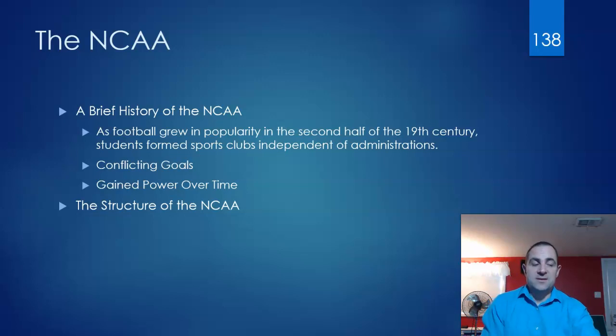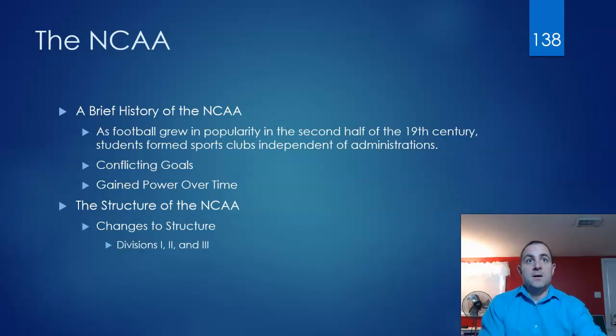So now let's look at the structure of the NCAA. Initially, there was just one NCAA, and that was all the college teams that played. There were, however, some changes to the structure. The NCAA has continuously redefined athletics by dividing the schools into smaller, more homogeneous groups.